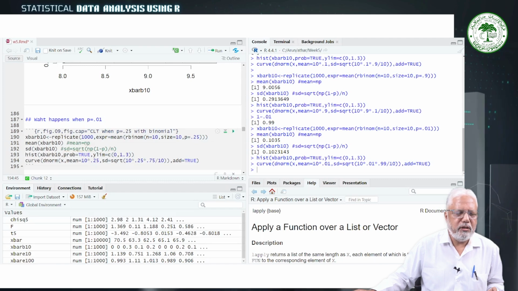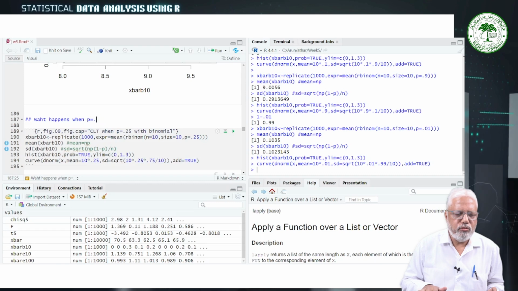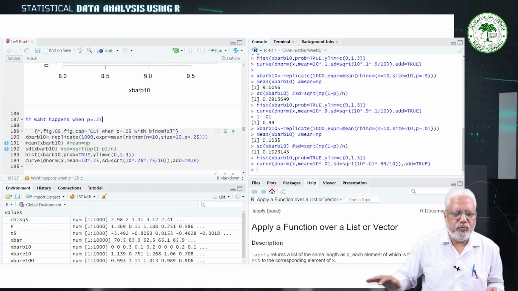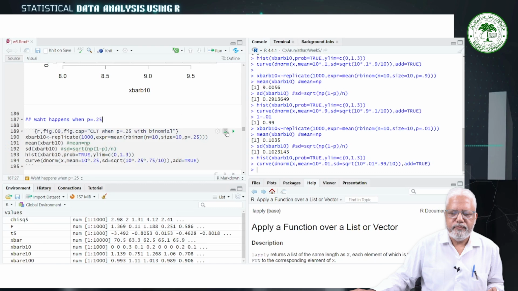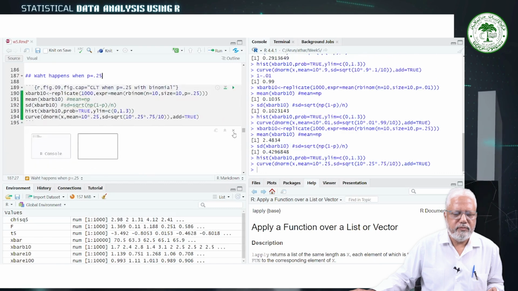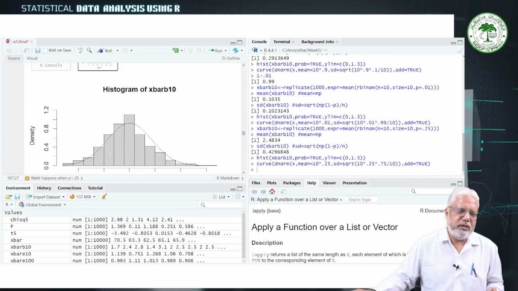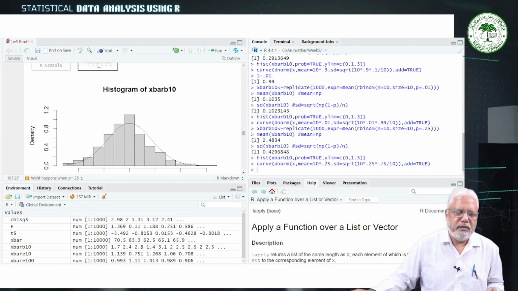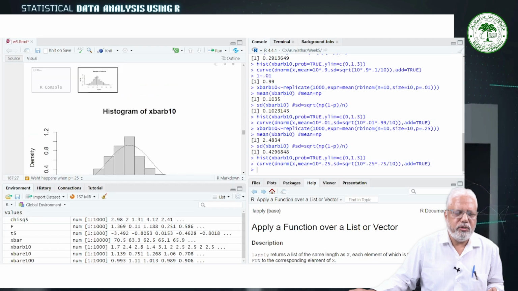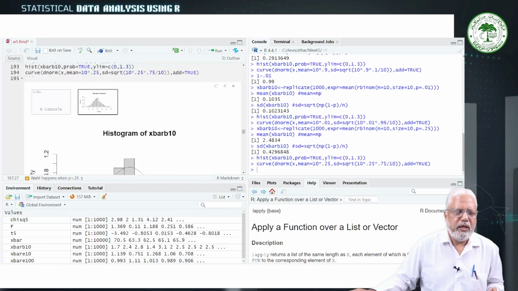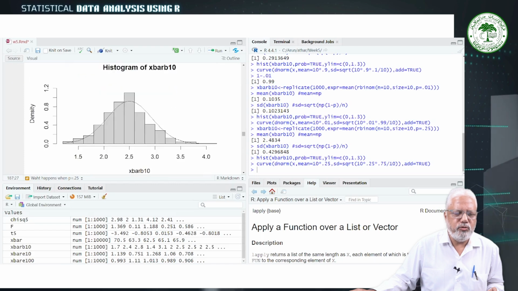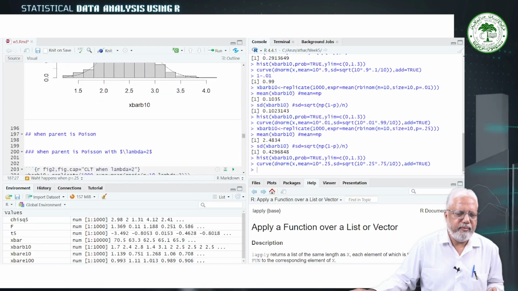So here it is p equal to 0.25. Now we run, and see here the situation is again a right skewed distribution, but the situation has been improved. If we keep 0.50, then it is the best situation.